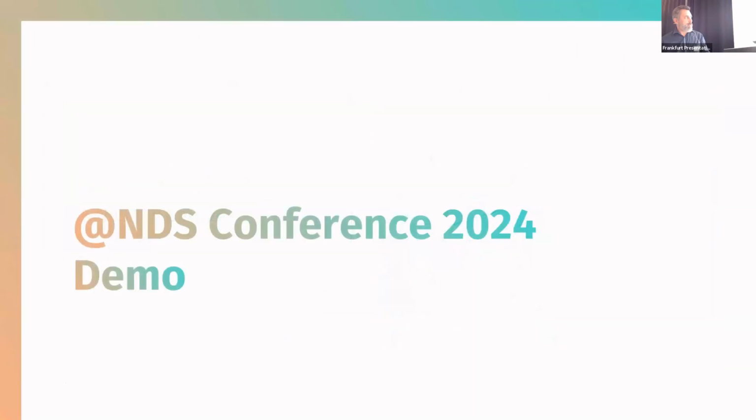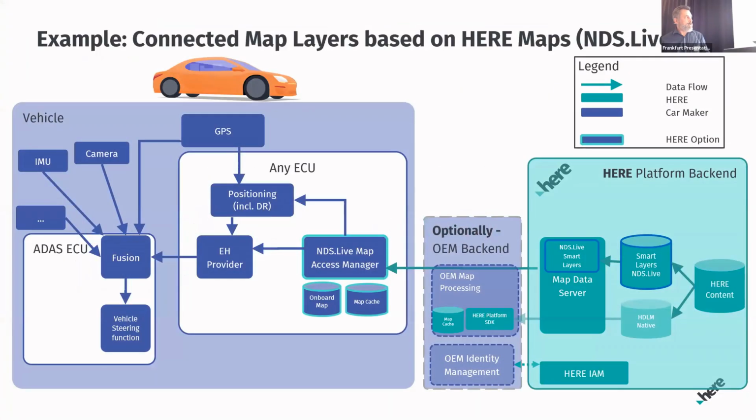I've seen that you said there is a HERE option to have a HERE-provided NDS.Live smart layer and service client onboard, right? Would that be part of a larger SDK provided by HERE, or is that a HERE SDK specifically for NDS.Live tile exchange and service access?